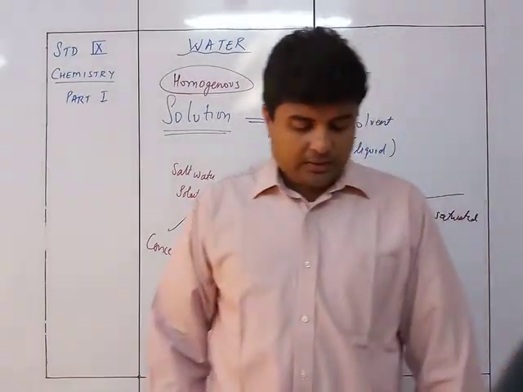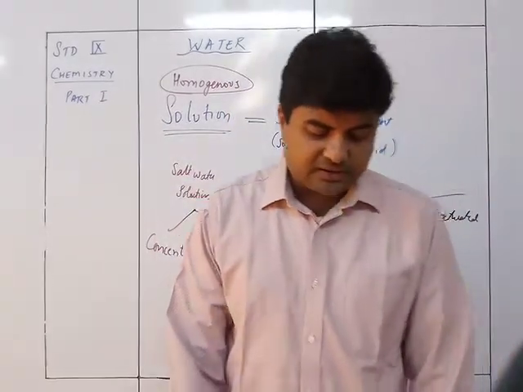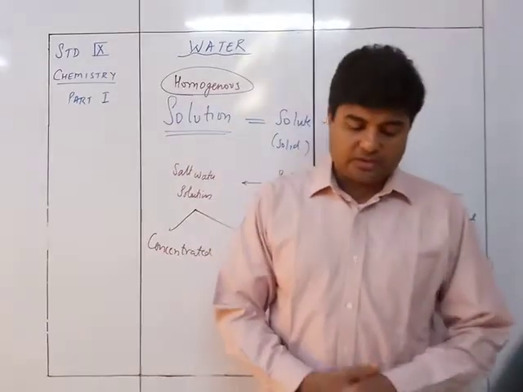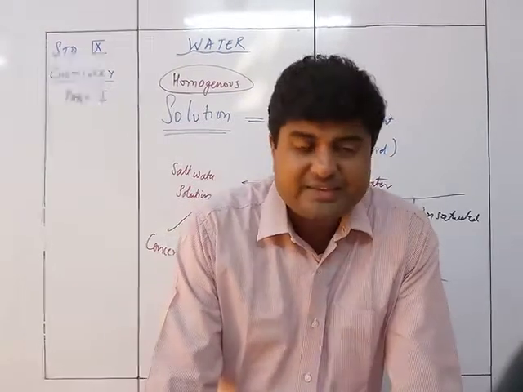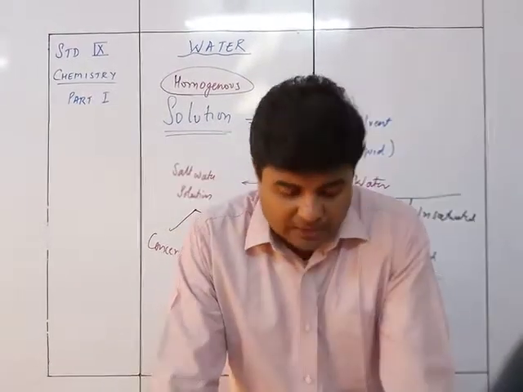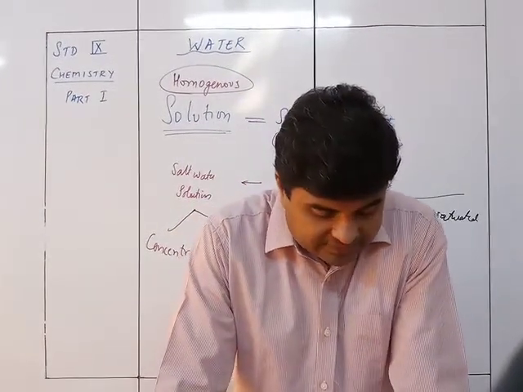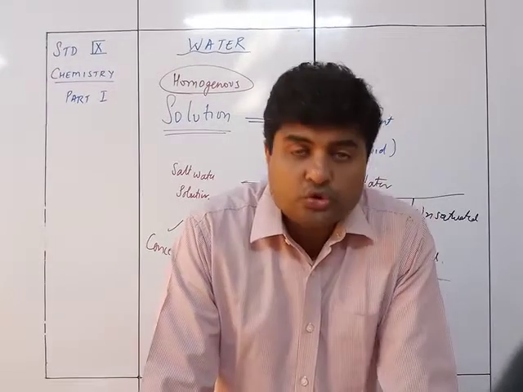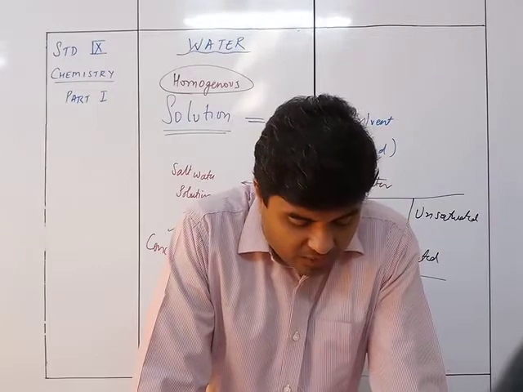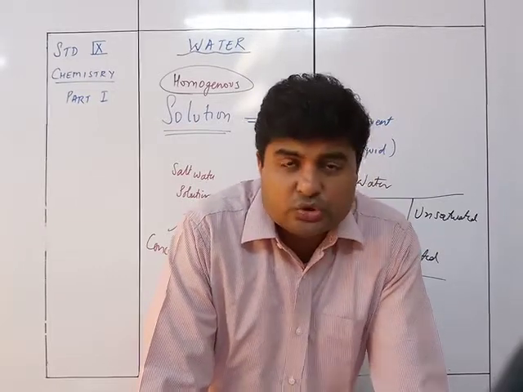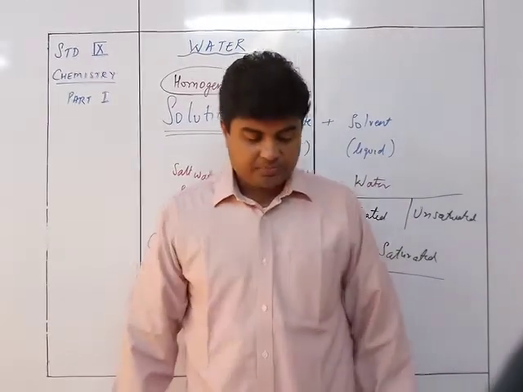Accordingly, we have certain kinds of solvents other than water which are useful in our day-to-day life. These are, first one, benzene. It is used to dissolve rubber. Next is turpentine, which is used to dissolve paints and paraffin wax. Then we have carbon disulfide, which is used to dissolve sulfur and phosphorus.